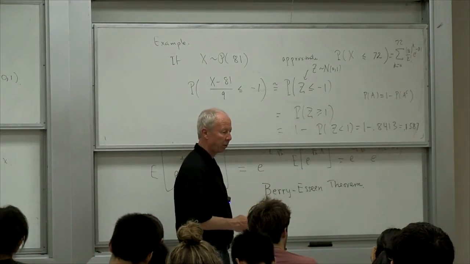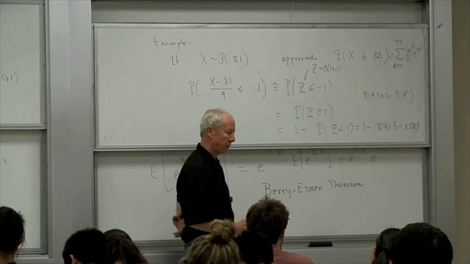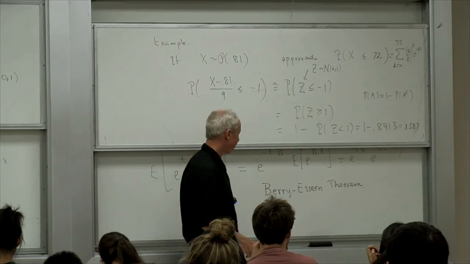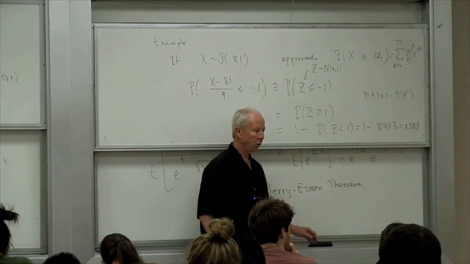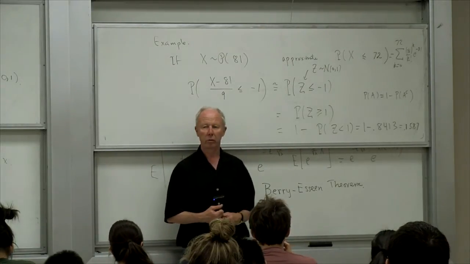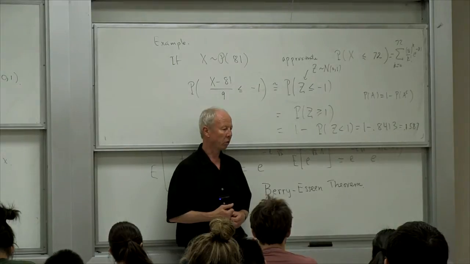Yeah, that gives an estimate for the error. That's independent of the distribution? Oh no, if the distribution is already close to normal, then the error won't be so large.